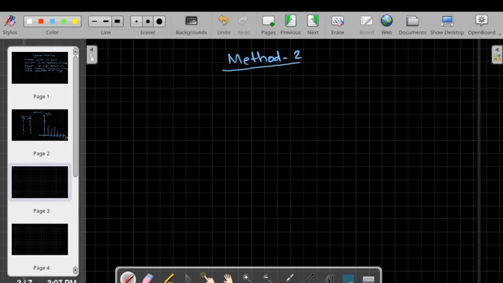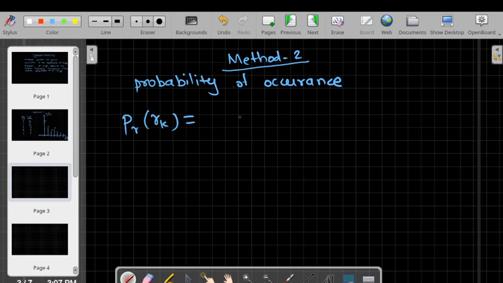In method 2, instead of plotting directly the number of pixels versus gray level, the probability of occurrence is calculated. That probability of occurrence can be calculated as P(r_k) equals n_k divided by n, where r_k is nothing but the kth gray level.